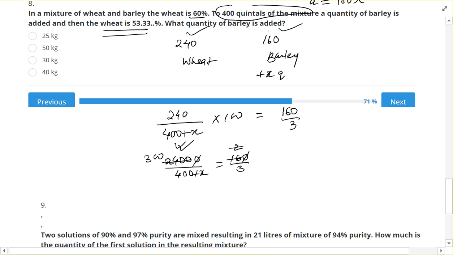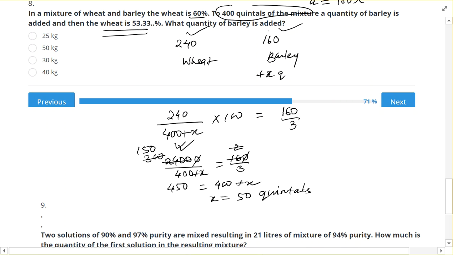It is 150, so 450 is equal to 400 plus X. So X will be 50 quintals.